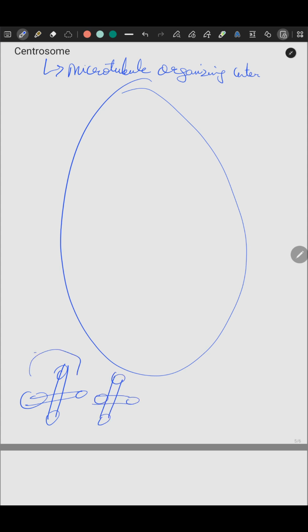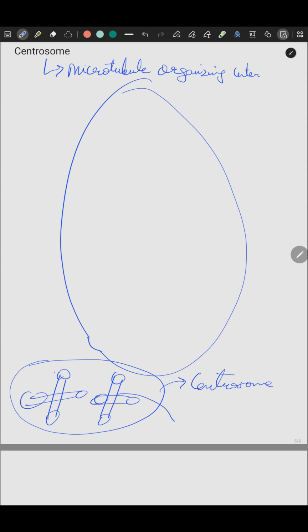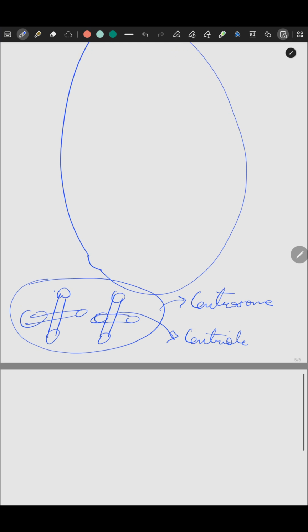For example, this whole thing is the centrosome, and one of these we call a centriole.